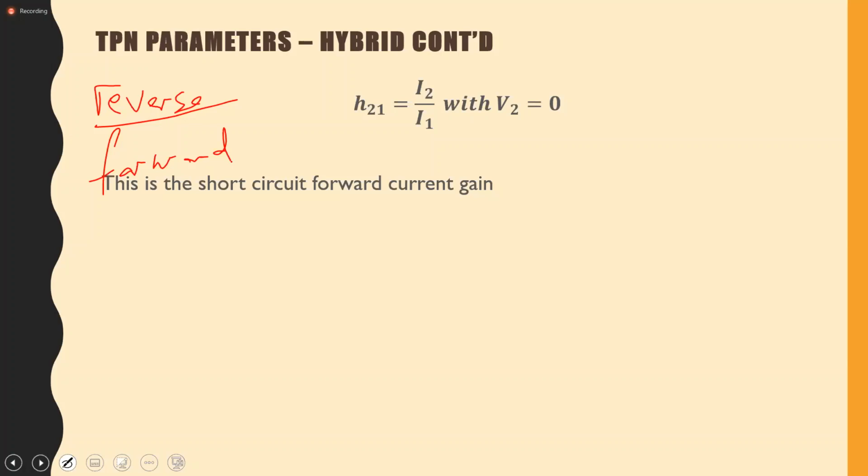And then finally, H22. Come on, somebody give me the precise name for this one. Open circuit. Open circuit output admittance. Okay, good. Excellent.